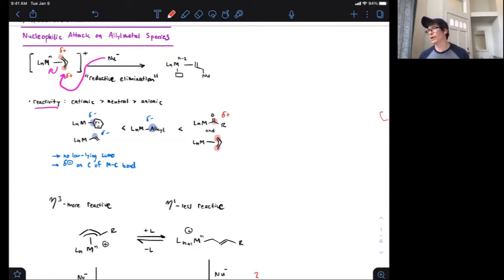And the only point I'm trying to make is that under typical circumstances, really only metal-acyl and metal-allyls have sufficiently low-lying LUMOs to be able to be directly attacked by a nucleophile. We've done this in our lab before, in some cases where metal alkyls can serve as the electrophilic component.